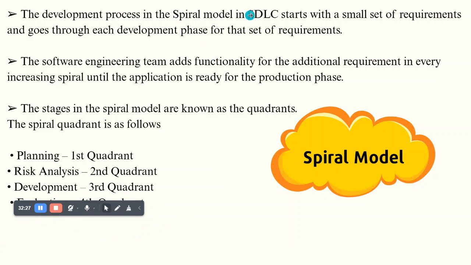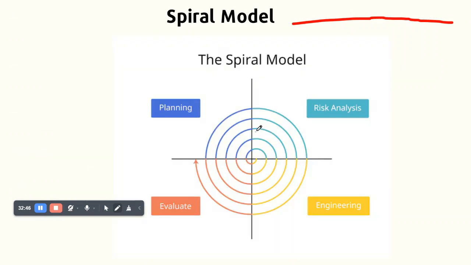So, moving to the theory part of the spiral model. The main motto of the spiral model is to start with a small requirement and go through each development phase for that set of requirements, meaning going backward. When the customer or client gives a requirement to us, developers work on that, and then we test it.